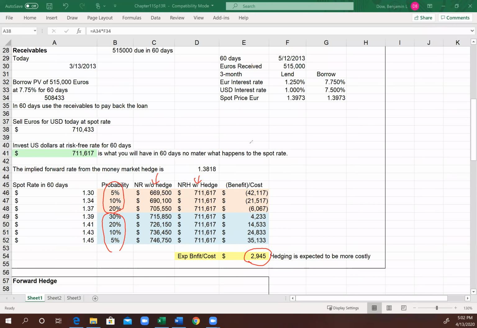All right. The money market hedge is just one of the hedges that we can use. There are others. All right, the other one would be a forward hedge.